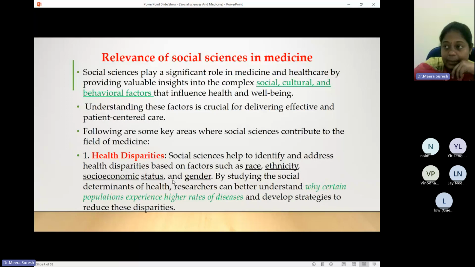There are disparities, and they vary across populations, and so does the disease. So we need to know about race and ethnicity. Even when we describe a disease, we say some diseases are more common in the African or American population. Likewise, we talk about socioeconomic status and gender.